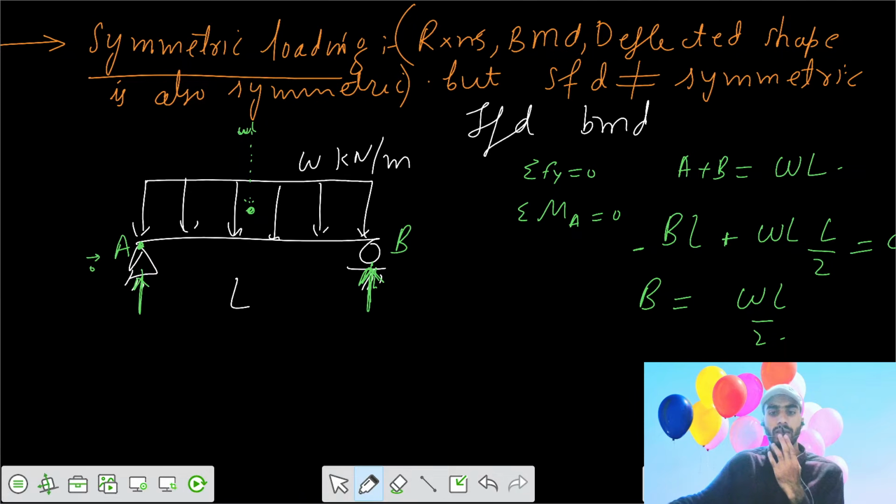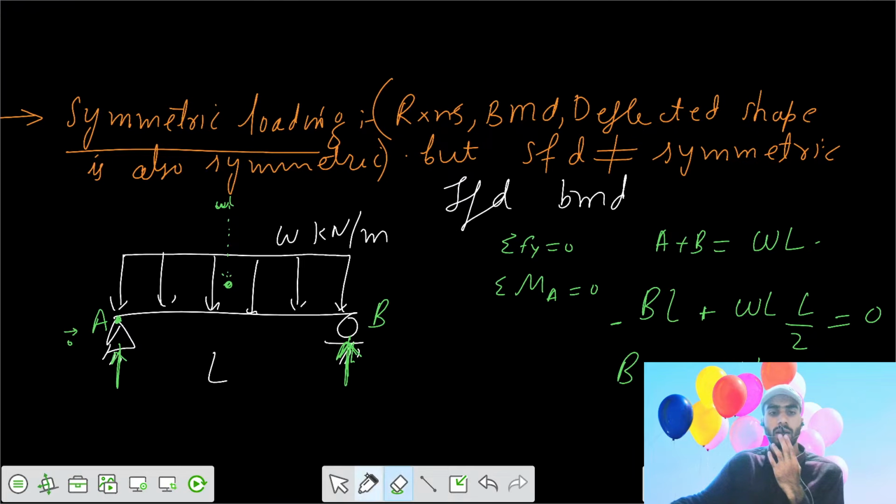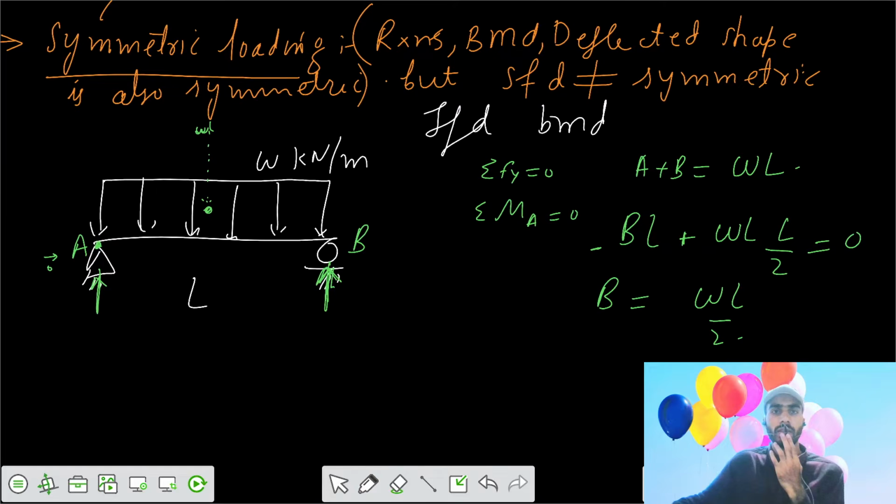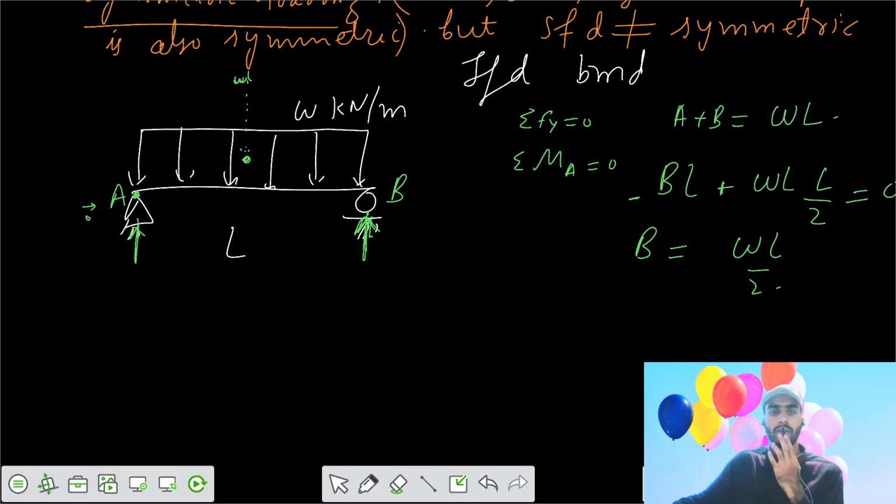This is valid as long as there is no internal hinge; we have not studied the effect of an internal hinge as of now. So for symmetric loading, reactions, bending moment diagram and deflected shape are symmetric, but the shear force diagram is not.